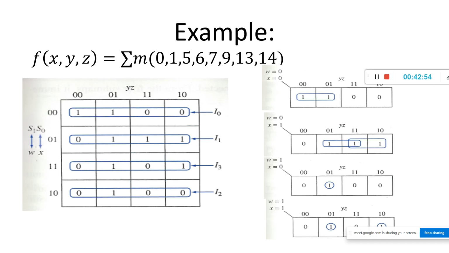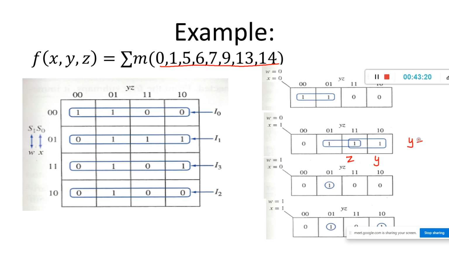So given a function problem here, students, you can see 0, 1, 5, 6, 7, 9, 13, 14. Just put ones wherever these are given and put zeros elsewhere. Group this. So here the I0 submap, both are 1. What do we get here? Z we get here. What do we get here?